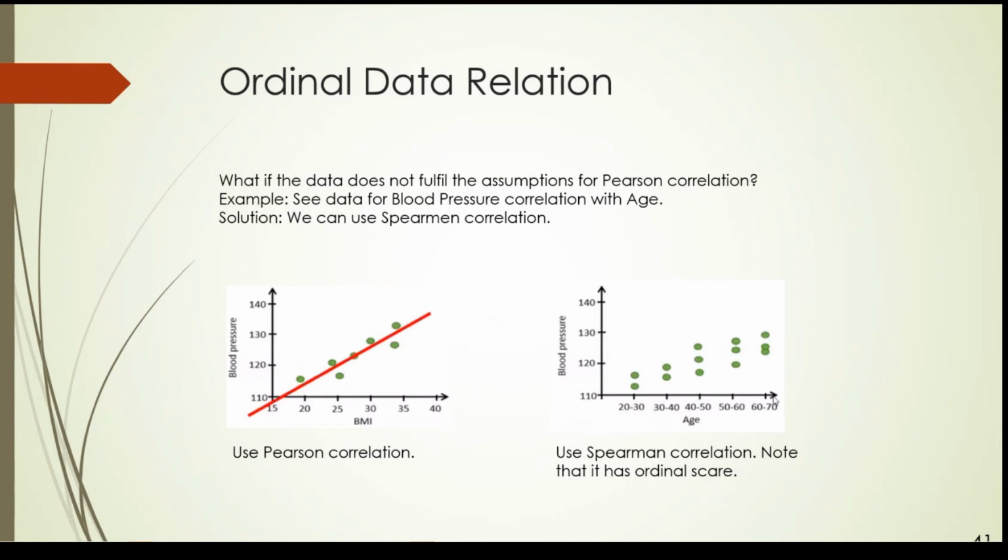And then for somebody of age range 60 to 70, there'll be a few readings. All right. So in this case, we need to use a Spearman correlation.